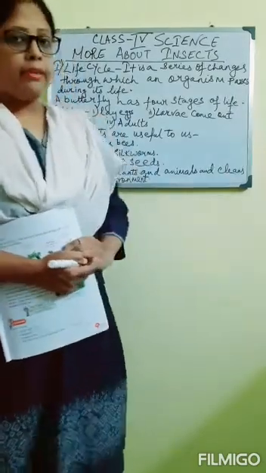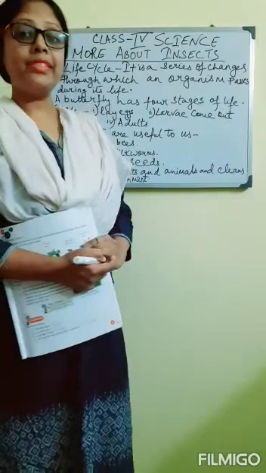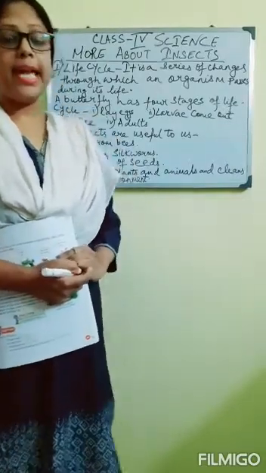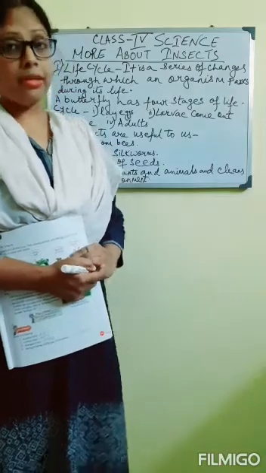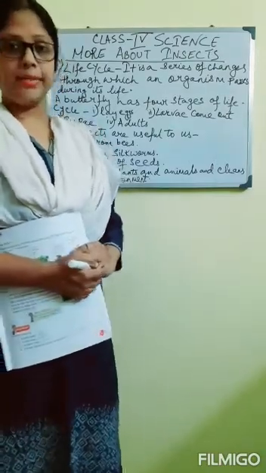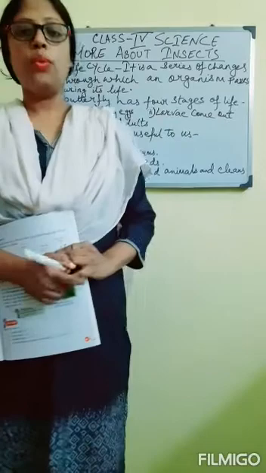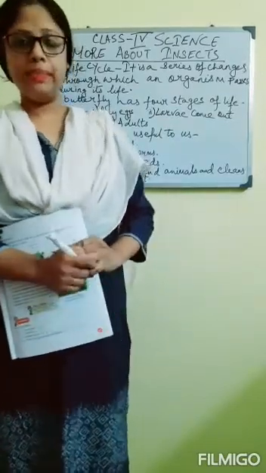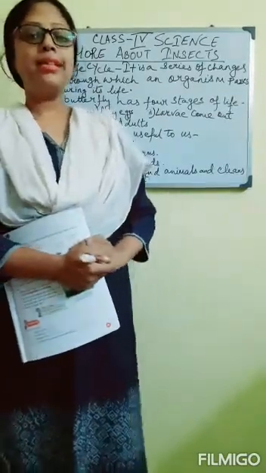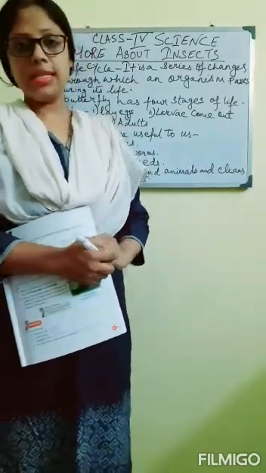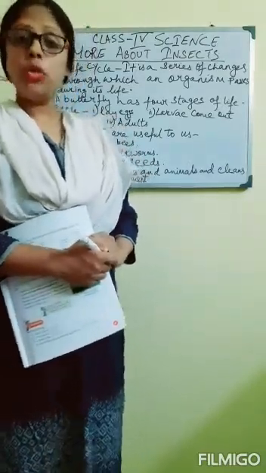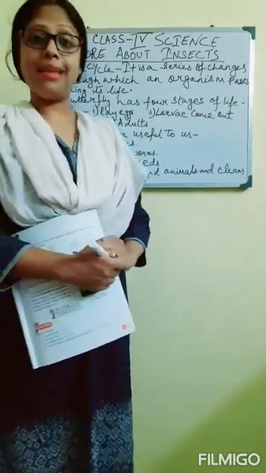Today, we are going to read about the life cycle of a butterfly and the usefulness and the harmfulness of an insect. So, what is a life cycle? Life cycle is a process or a series of changes that an organism goes through during its life.